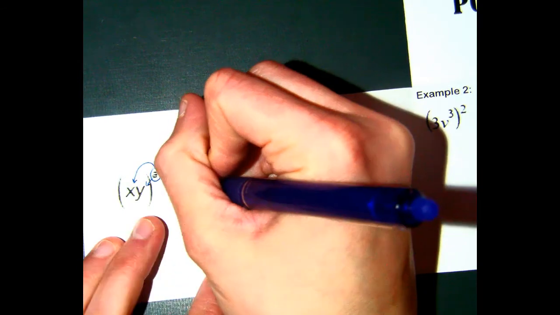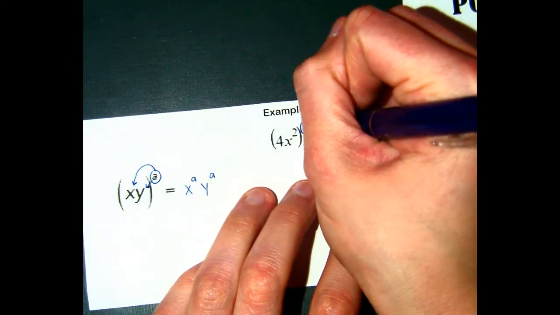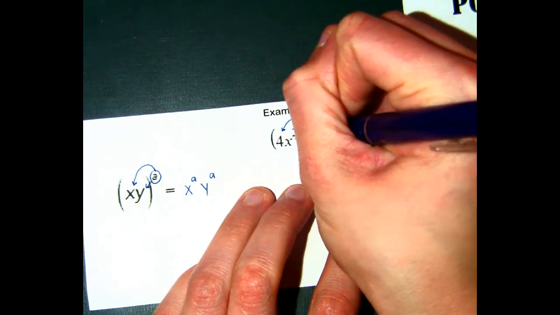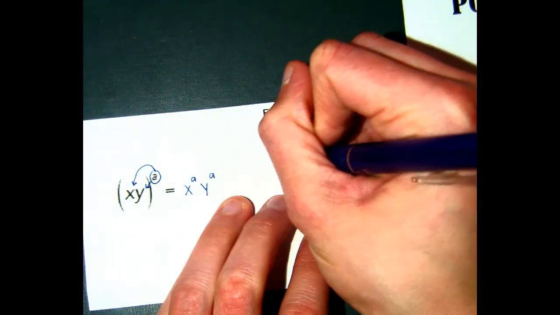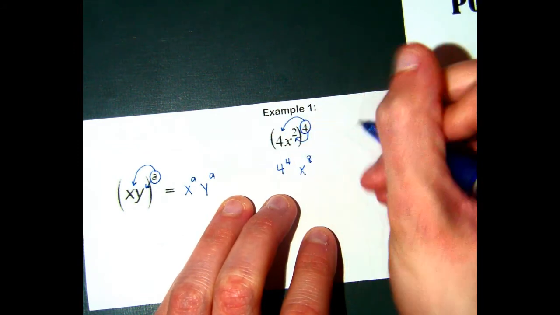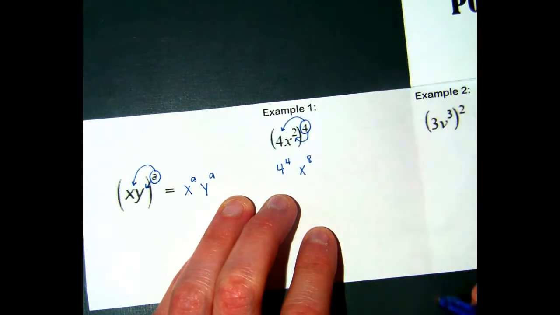So I would have x to the a and y to the a. I'm just distributing it into everything. That means this 4 goes with the 4 and to the x. 4 to the 4th power, x to the 8th. I'm combining the two rules that I've had now. 4 times 2 is 8.